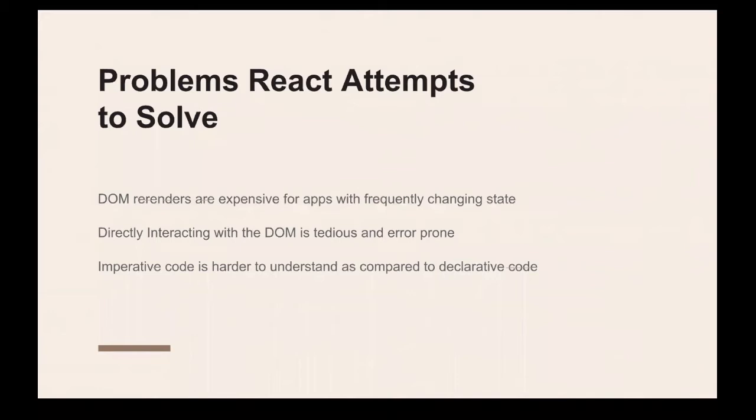And imperative code, as we said, React encourages declarative code, and we know that imperative code is harder to understand as compared to declarative code. This may not be the case necessarily, but at least when you have an exposure to declarative code, to functional abstractions, and know about them, then it's very likely that you'll find those much more easy to read and easy to understand.